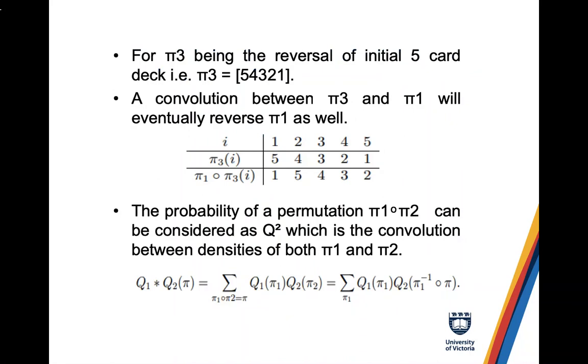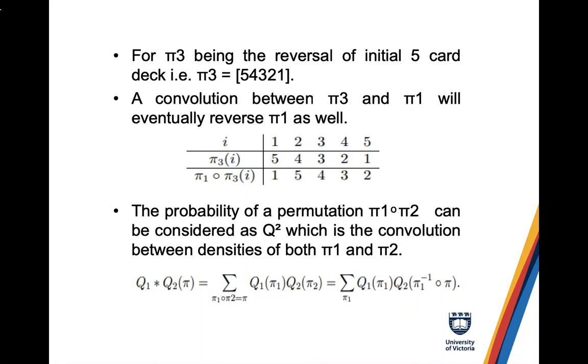Let's say that we have P3 as well, and it includes 5 cards, and the ordering of it is 5, 4, 3, 2, 1. So if I do a convolution between P1 and P3, I will get the reverse. So if P3 is 5, 4, 3, 2, 1, the last card will be in the front.